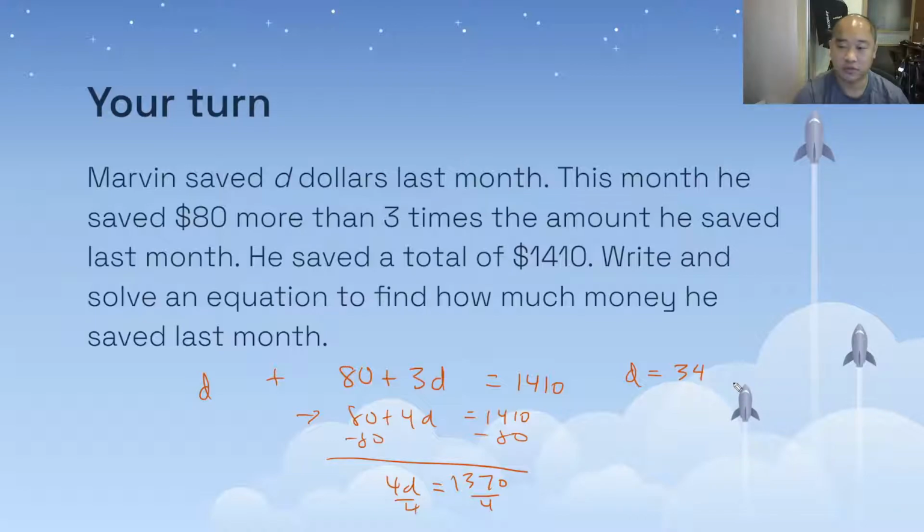Oh, did I do this wrong? $1370 divided by 4. Nope, it is 432.5. I didn't think there'd be a decimal here. Probably because this is in USD. Okay, $432.50.